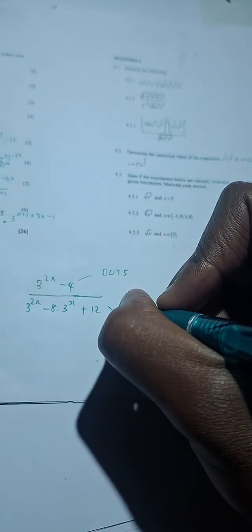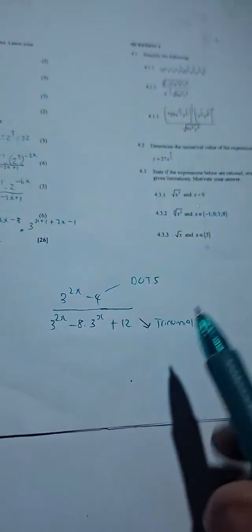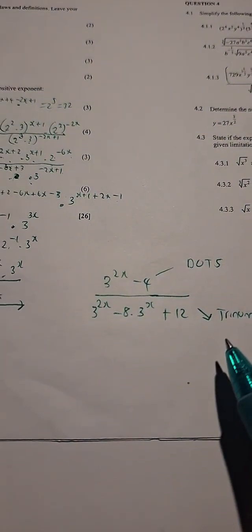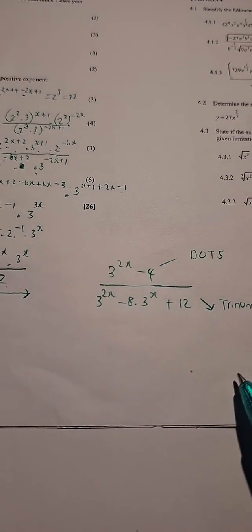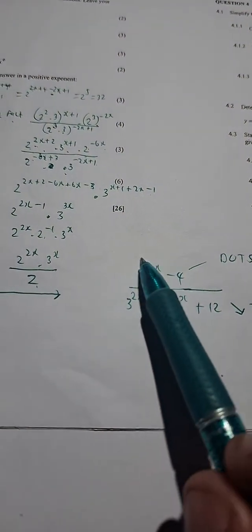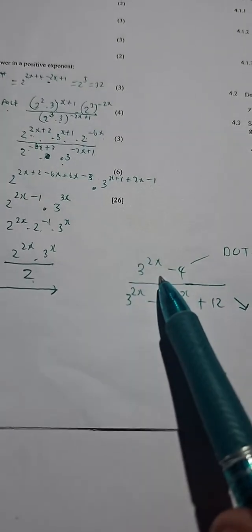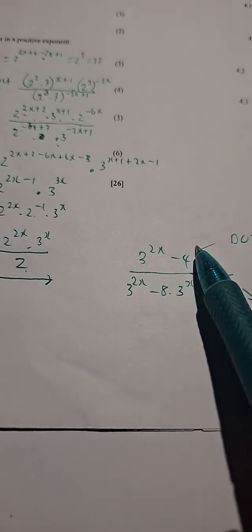If you have eyes to see here, you are going to see that this is a trinomial. So for exponents, guys, they are what we call difference of two squares exponents. This is a perfect square exponent, and this is a perfect square number.